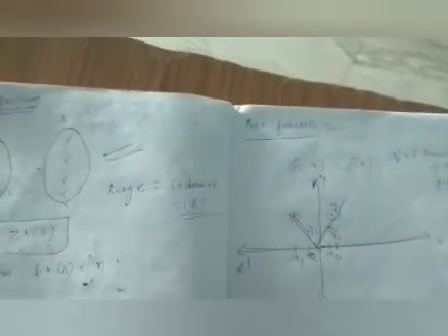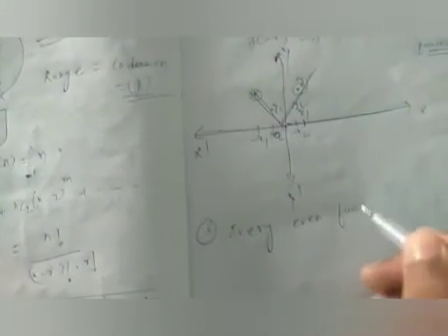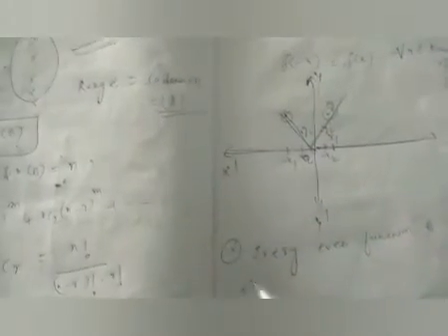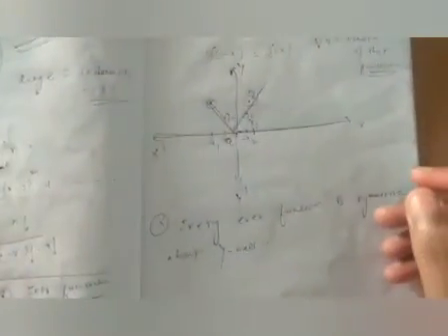So every even function is symmetric about the y-axis, right?